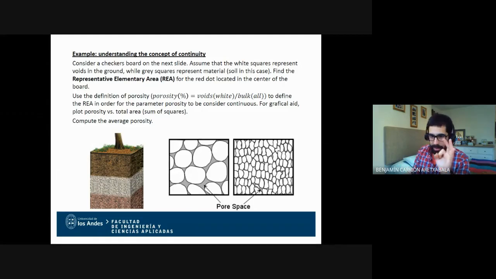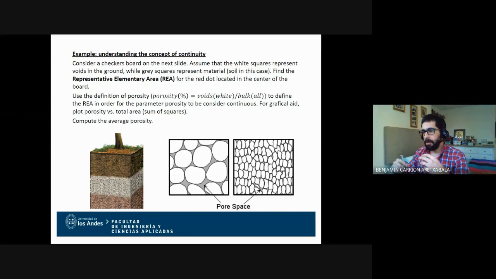So if you look at one grain, you may see that the pore can be really, really big compared to the grain. Now, if you see the ground as a whole, you probably don't see each individual pore, but you know it is there. When you pour water on your garden, the water infiltrates the ground because the ground has this space for the water to go in.